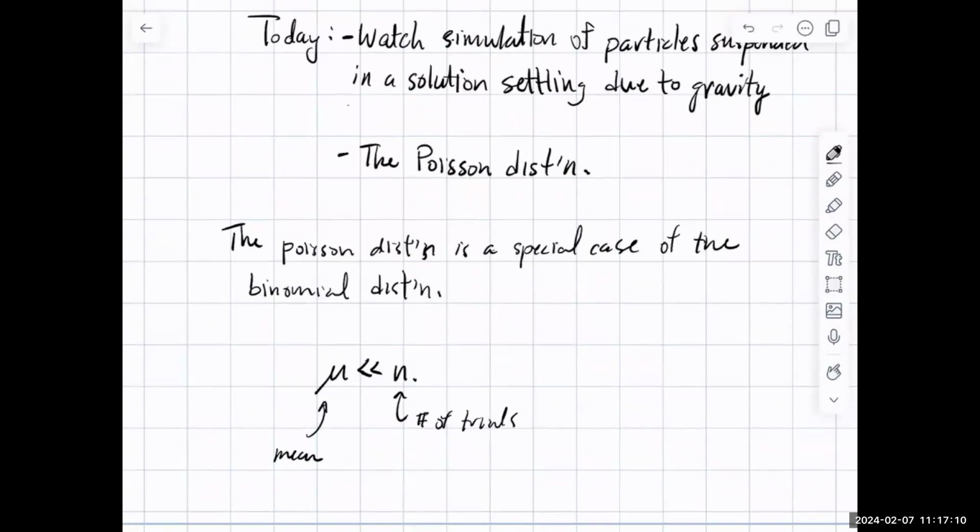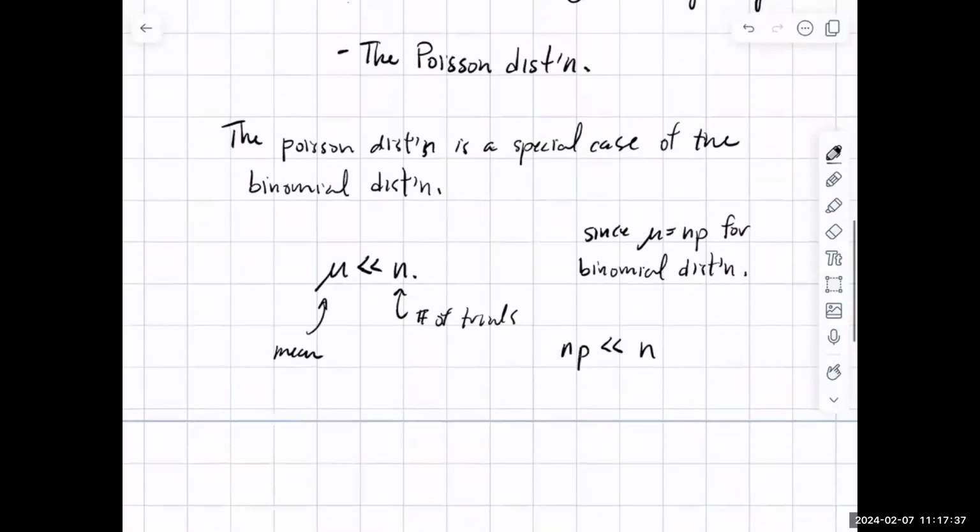And we know for the binomial distribution, the mean is equal to n times p, right? So since mu is equal to np for the binomial distribution, our condition here is that mu, or np, is much less than n, and then you could divide by n, and you could say p is much less than 1.